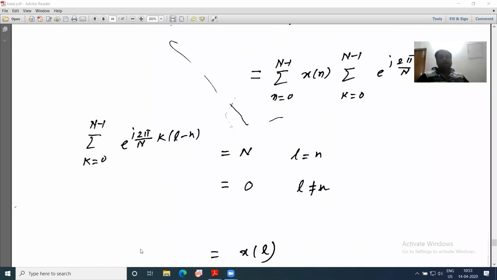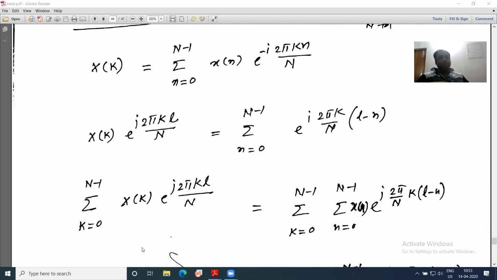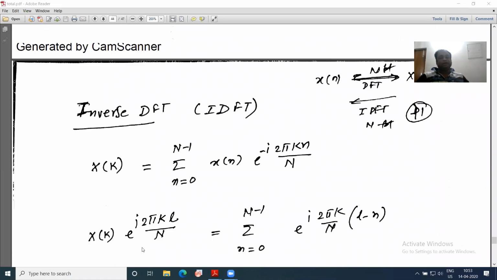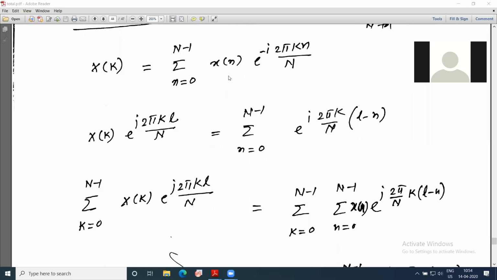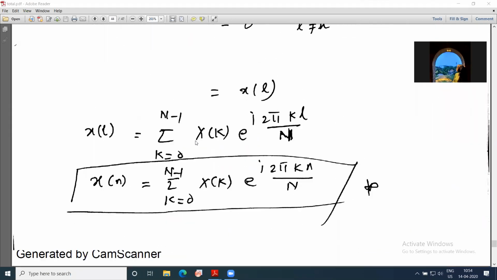Now what we have found is that if x of k is given, then the sum over n equal to 0 to n minus 1 of x of n e to the power j 2 pi k n by n, then we can find x of n, which is the inverse.